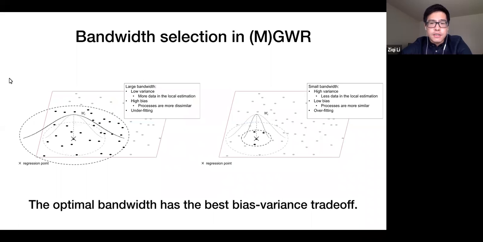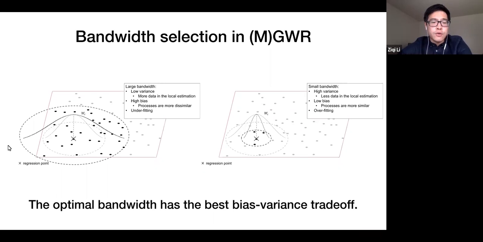The bandwidth selection in either geographically weighted regression for all the covariates, or the multi-scale geographically weighted regression for each covariate, uses a commonly known concept called the bias and variance trade-off in the model selection procedure.